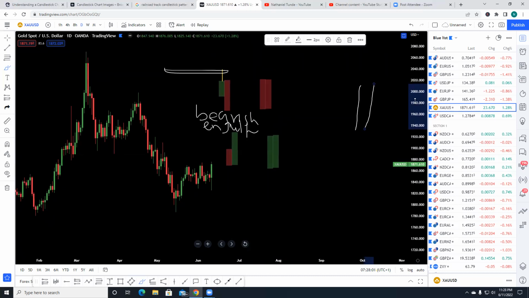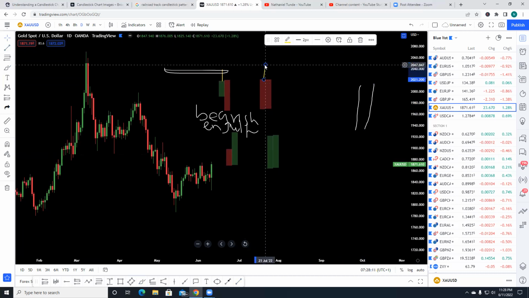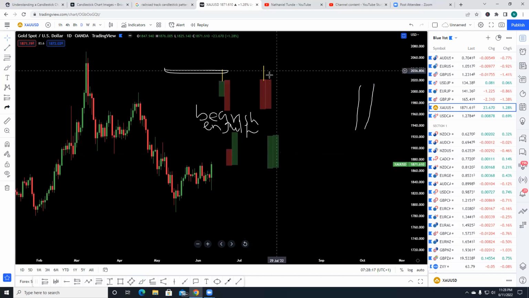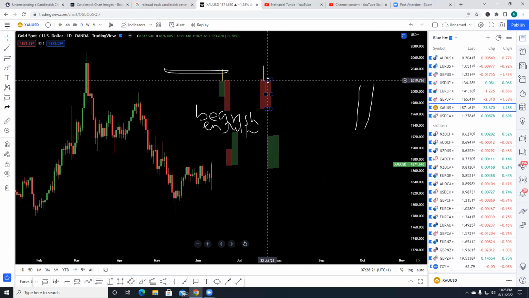And I always love a situation where the first one of these leaves a wick. I always told you this wick here will be a confirmation of a liquidity grab. And you now see this one does not leave a wick to the upside.